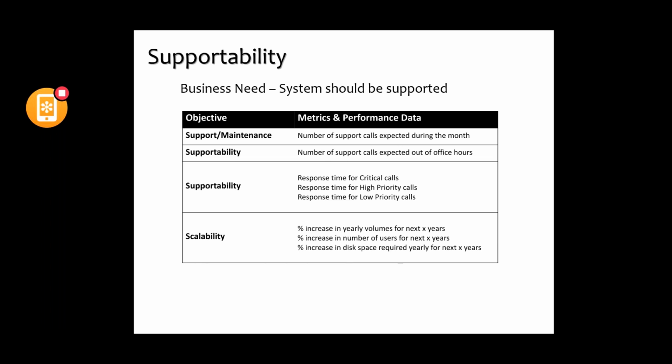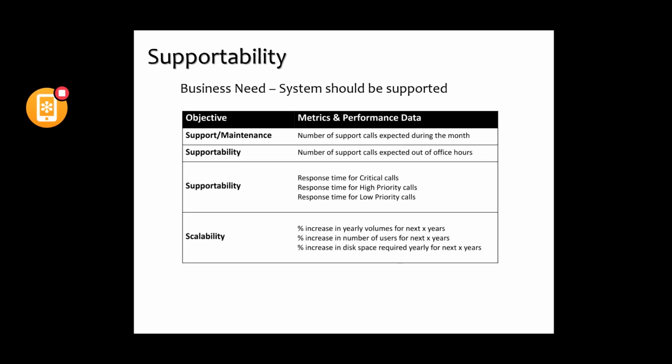And coming to scalability, which is also a different measure, it talks about the scalability of the application: percentage increase in yearly volumes for the next 6 years, percentage increase in the number of users for the next 6 years, and percentage increase in disk space required yearly for the next 6 years.